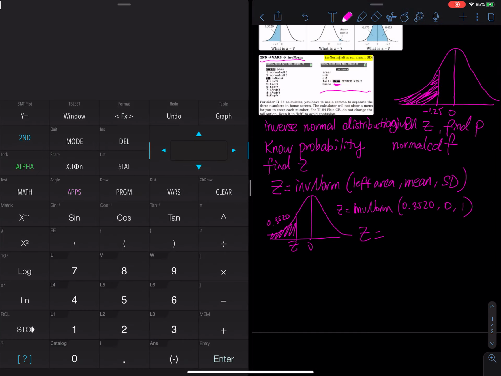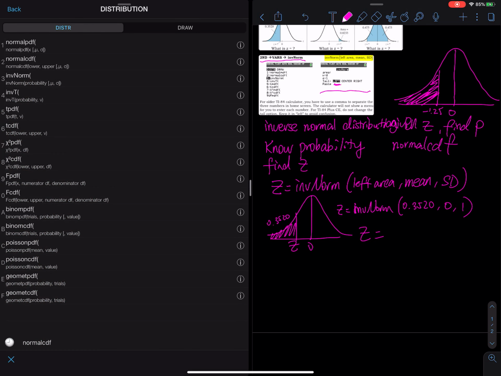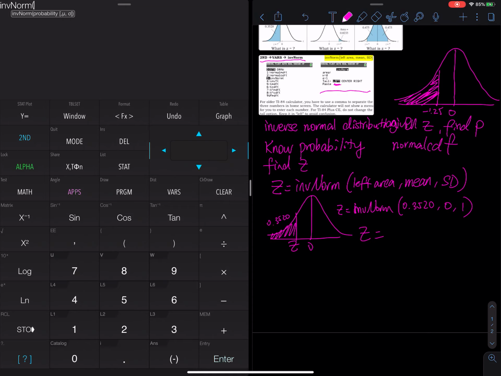So let's do it. Second VARS, and then inverse norm, and you input the area. If you don't see a menu once you pick inverse norm, and the calculator returns a command to the home screen, just like what I have in this video, don't panic.